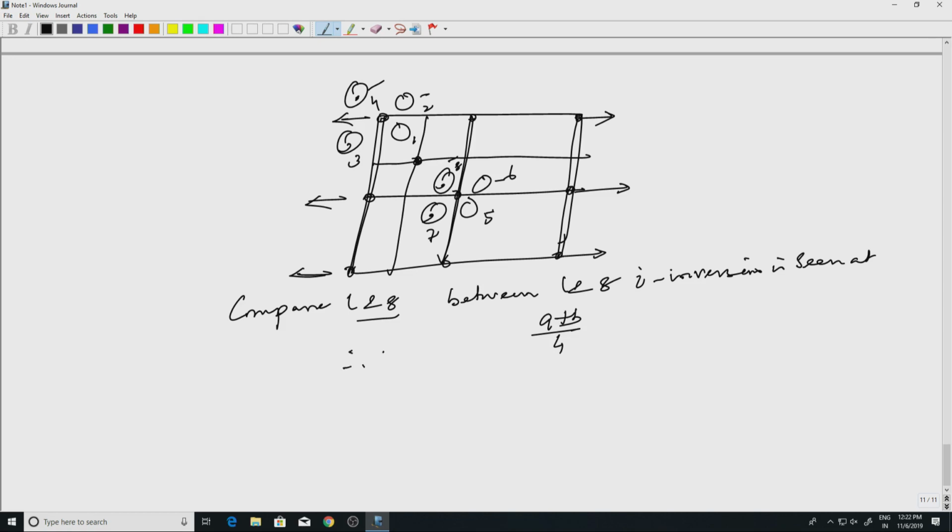Therefore, 1, 2, 3, 4 is related to 5, 6, 7, 8 by inversion at a plus b by 4.